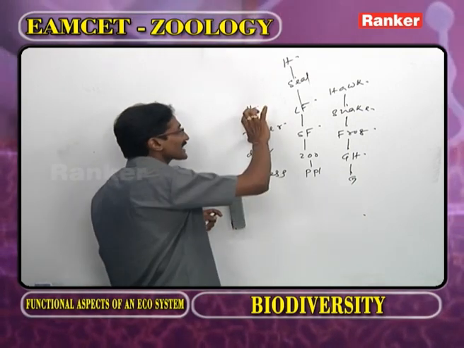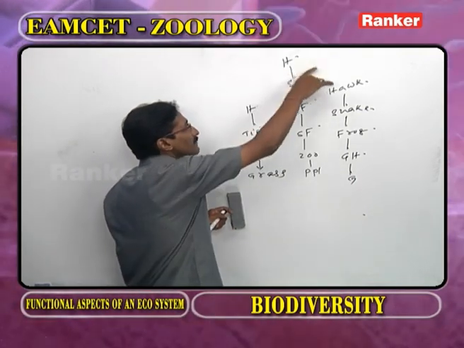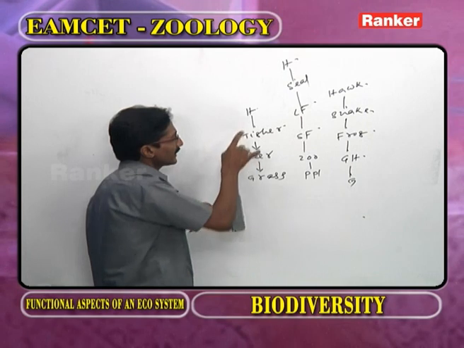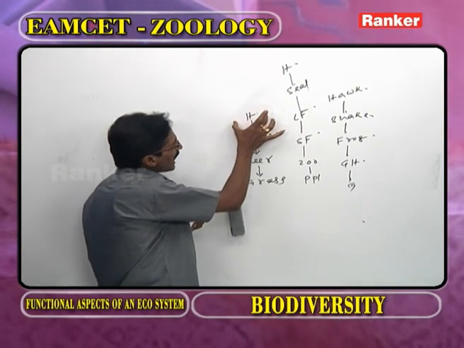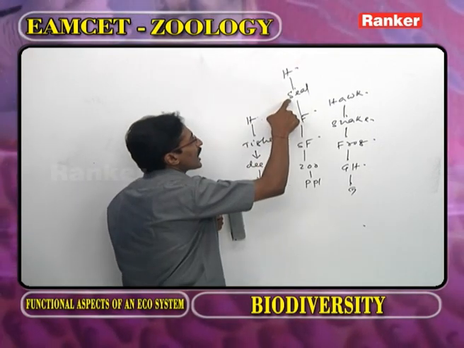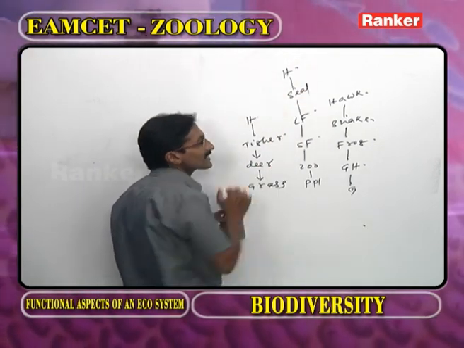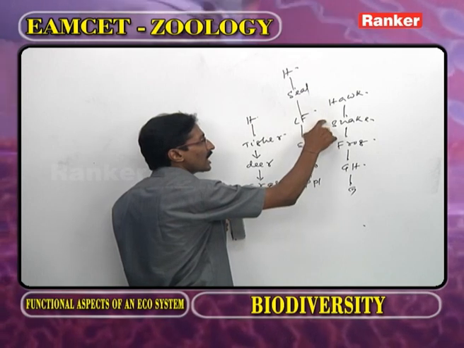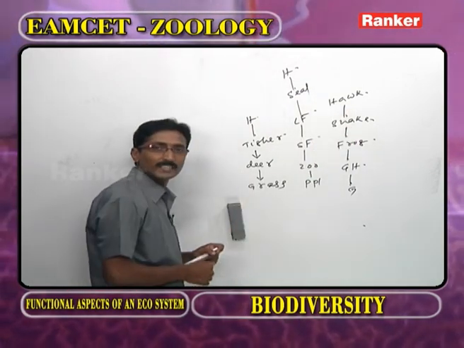Hawk. The same hawk is repeated in the remaining examples. In this food chain, the hawk eats the tiger. The same hawk in this food chain eats the seal. The same hawk in this food chain eats the snake.